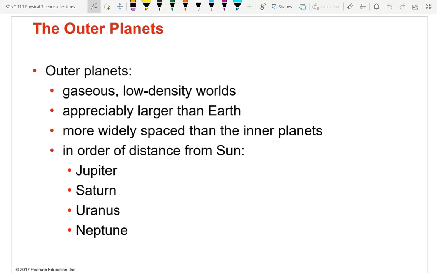So we have low density outer planets. The densities of the outer planets are all under 2 grams per centimeter cubed. They're all much, much bigger than the Earth.